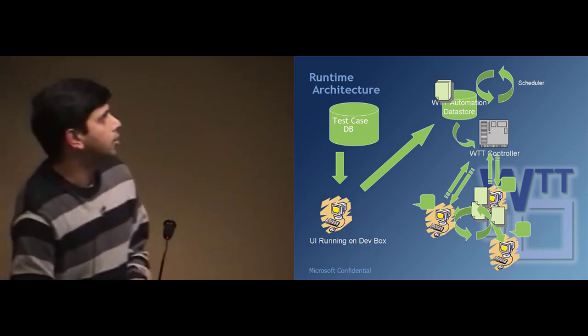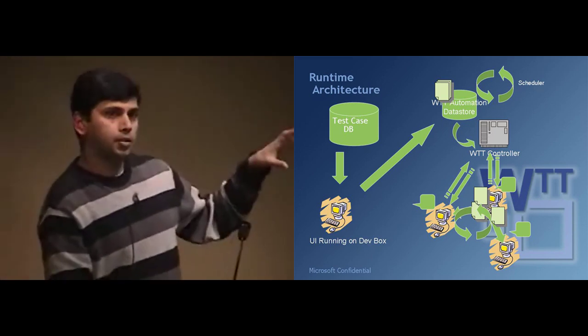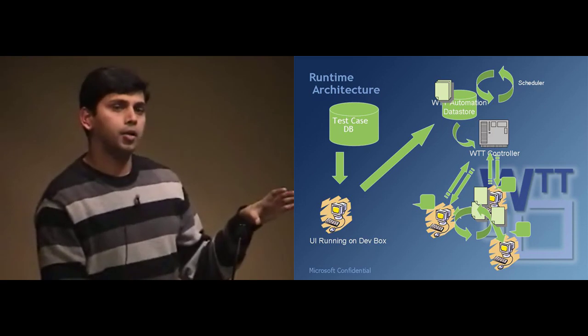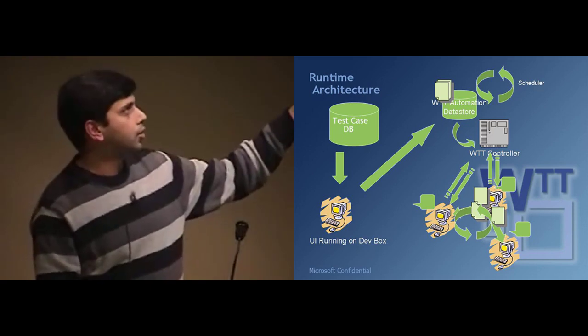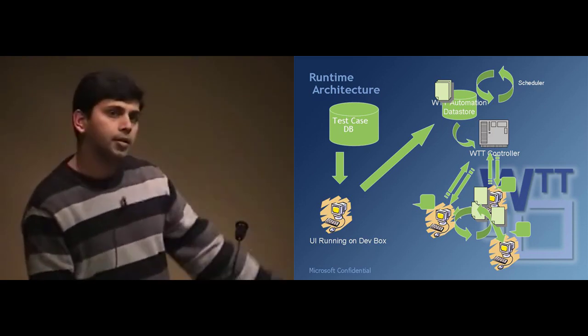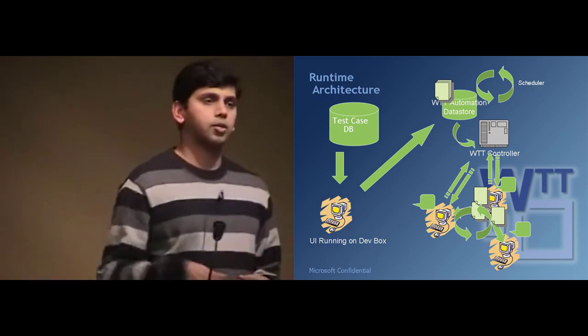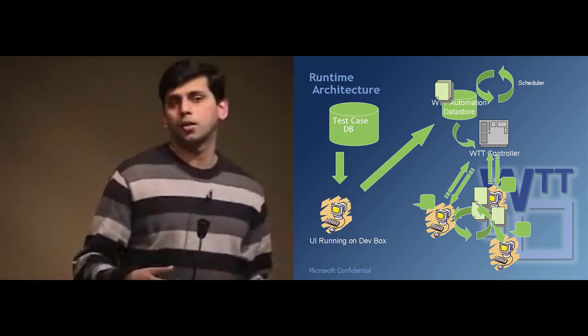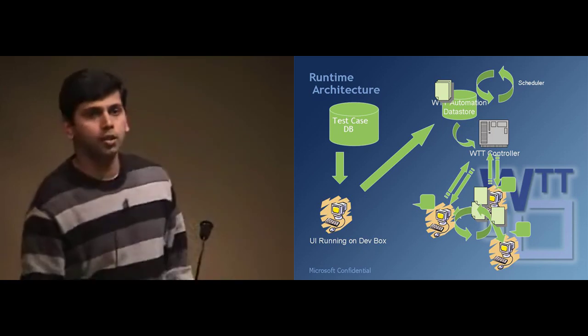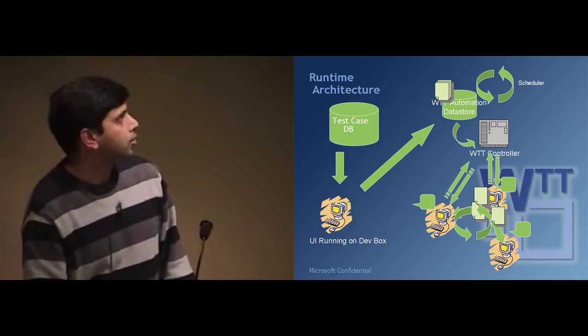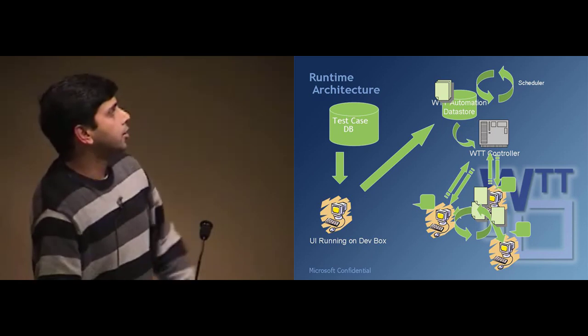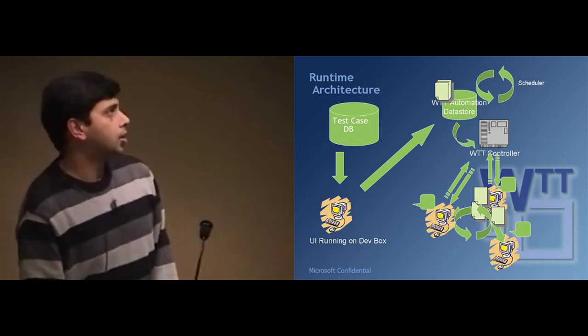So over here, once you say that this is the job I want to run, then it will schedule that job depending on what kind of constraint you have put. You may want to say, okay, when I go home, then start this test, or whatever constraint you may put there. So the scheduler will create a job and put it to the WTT controller.